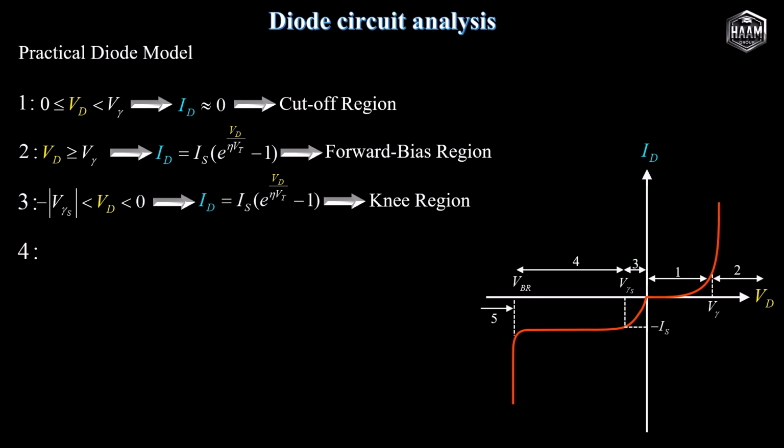In region 4, the diode voltage is further negative, where its absolute value exceeds V sub gamma, but remains below the absolute reverse breakdown voltage, denoted as V sub Br. V sub Br specifies the reverse voltage at which breakdown occurs.